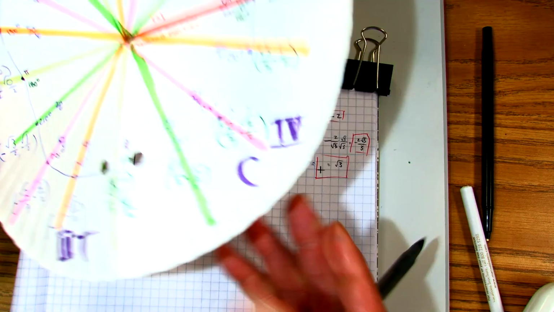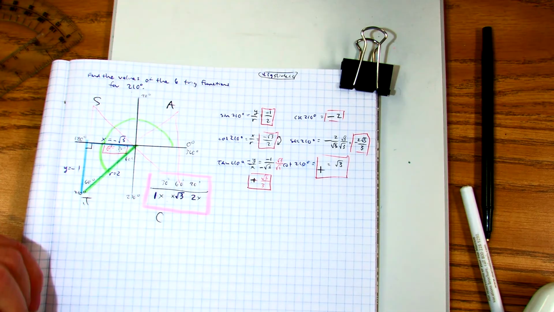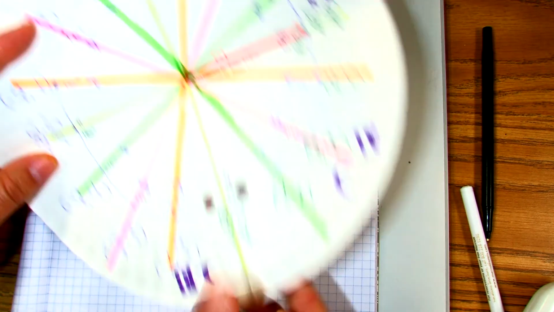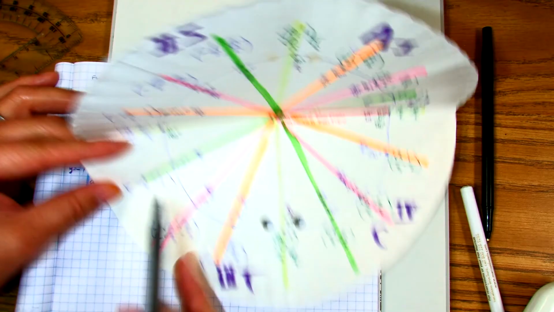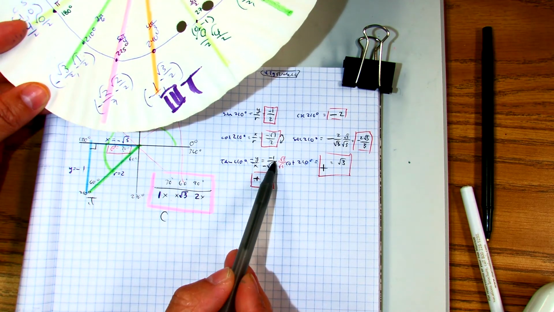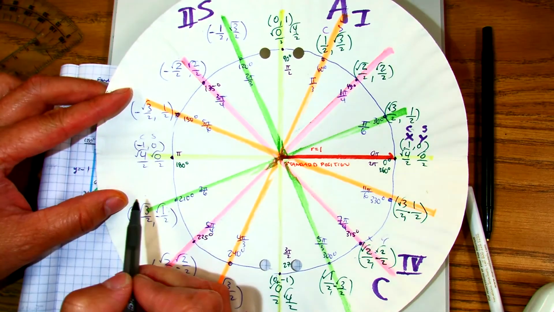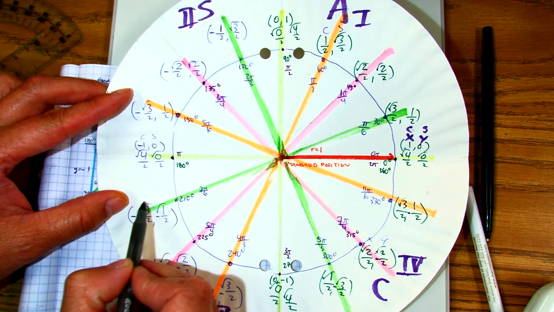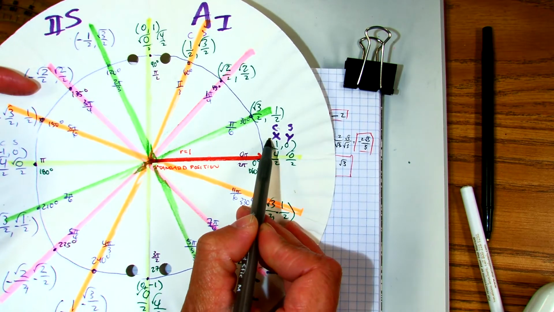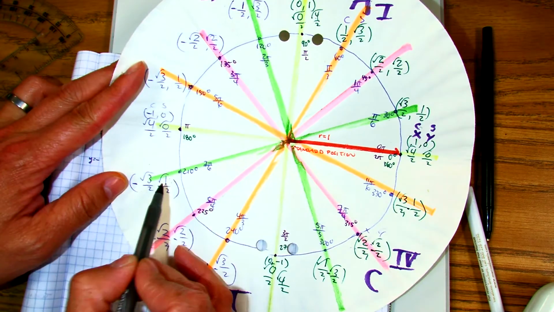Okay, let's try another one. Let's try tangent. Okay, tangent's a little bit trickier. Watch this. 210 degrees. We already know that the answer is radical 3 over 3, or negative 1 over negative radical 3. How do you get that? Tangent is, this is cosine, this is sine, and tangent is y over x. Are you following along? So this is the y.